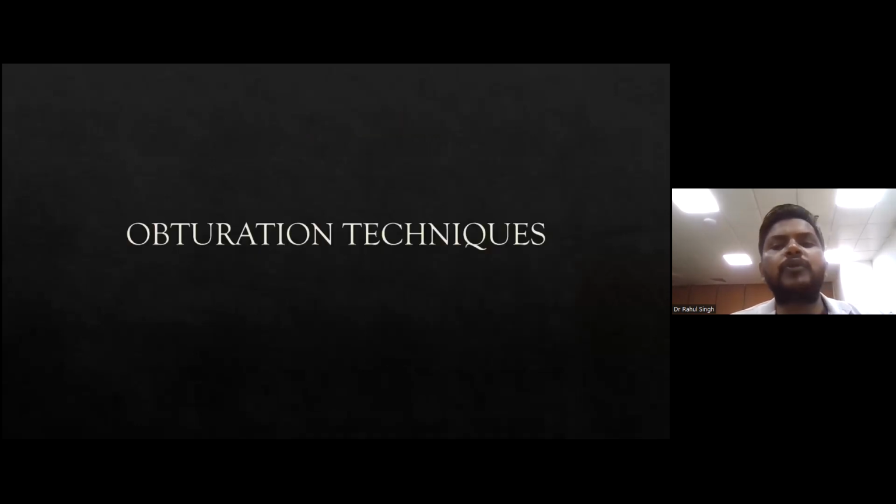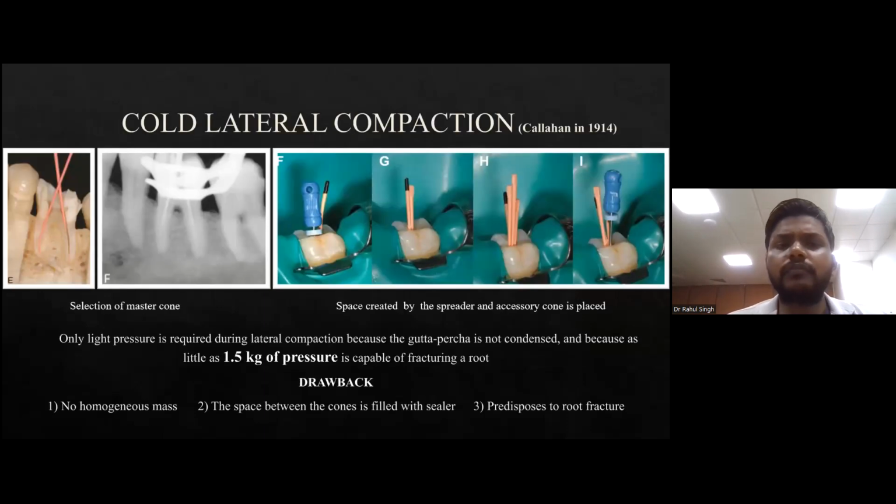So coming on to the obturation, there are various obturation techniques that you should know how to do, according to the availability of the armamentarium. The most important, or not most important, but yes, the technique that we should all know is the cold lateral obturation technique.